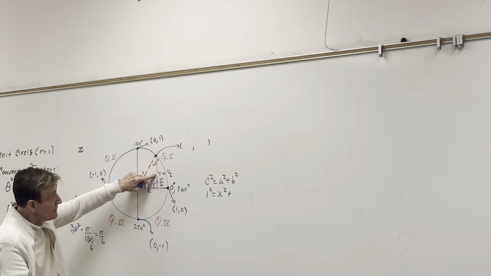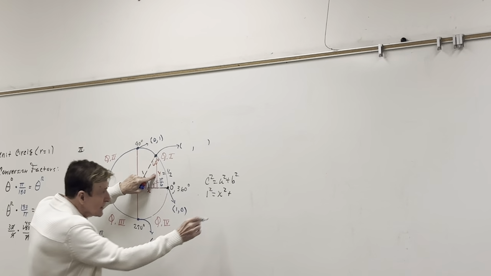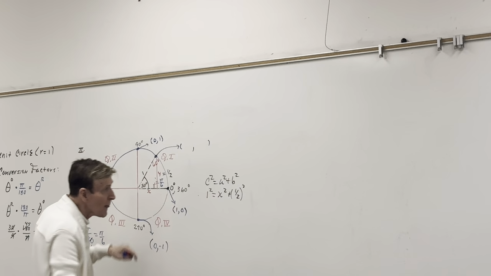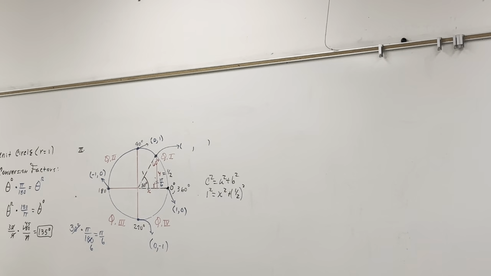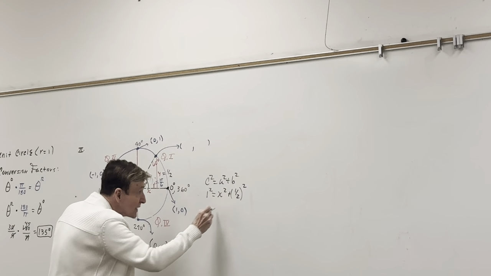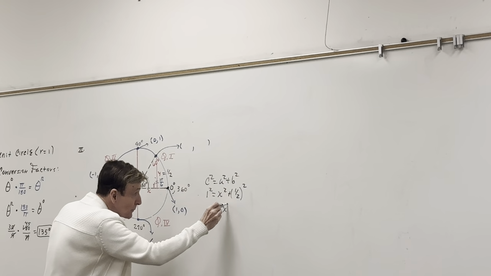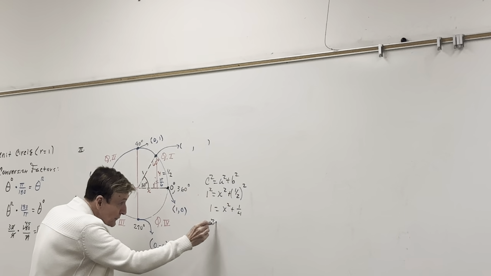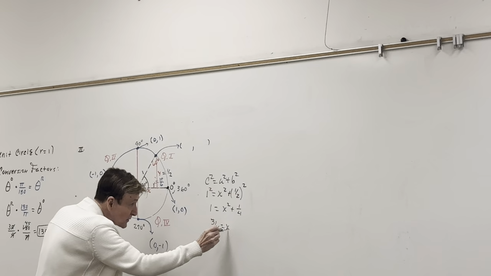This side over here, y in my case, we found to be 1/2, of course, being squared. That's the Pythagorean theorem. Now I should be able to find what x is, I hope. So guys, this becomes, I'm patient, 1 is equal to x squared plus what, 1/4? Move that 1/4 over, subtract it, 3/4. I don't want to do it too quickly.